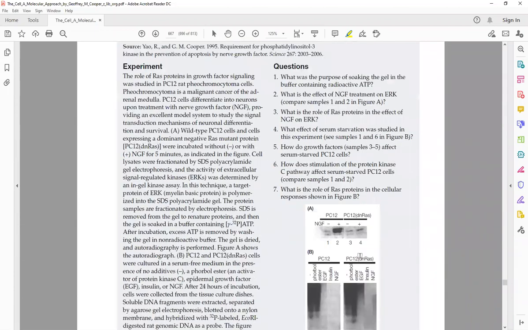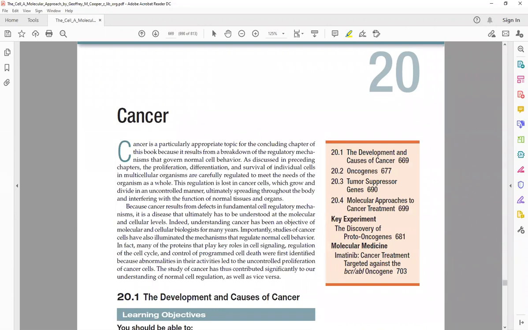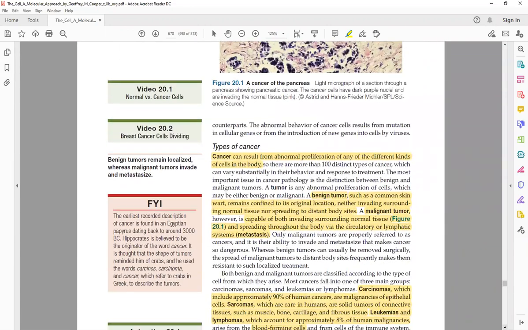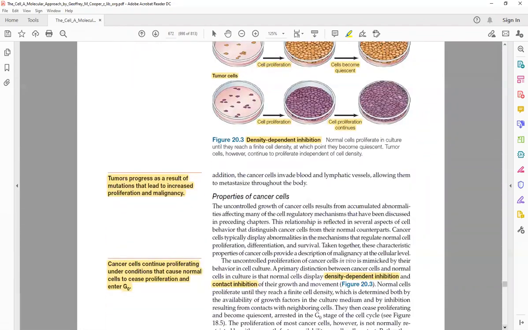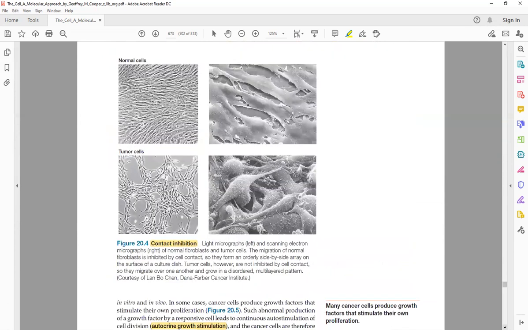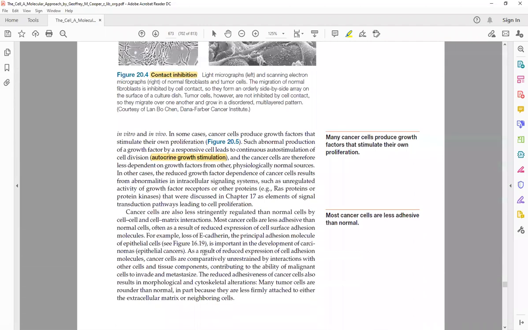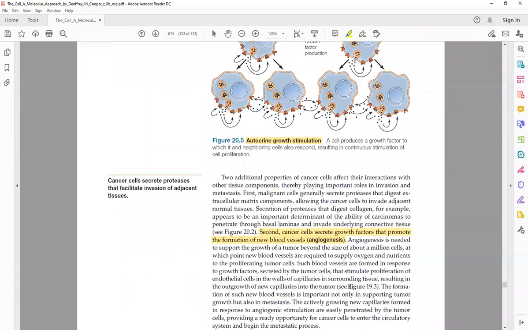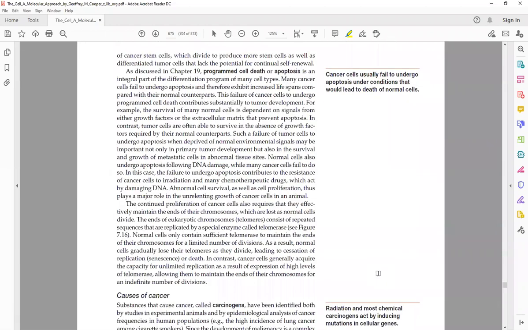This is just a review. There was a figure in glycolysis about the hypoxia inducing factors. I'm not getting that figure, figure number 20.5, already shown to you. Figure number 19.3, but I'm not getting that particular figure.